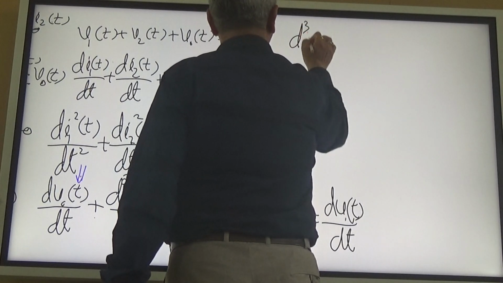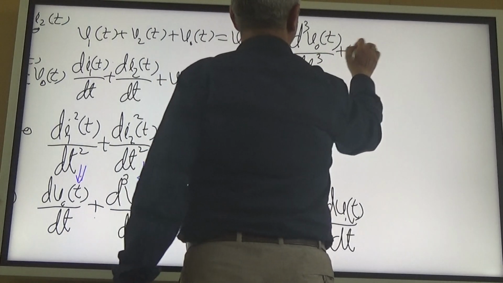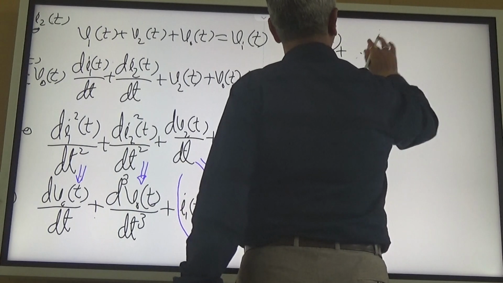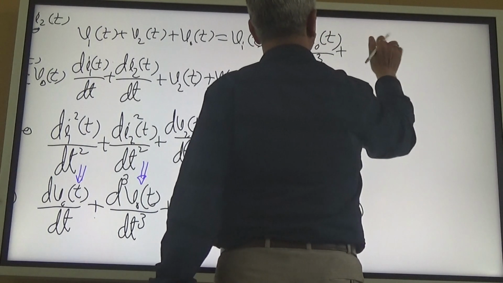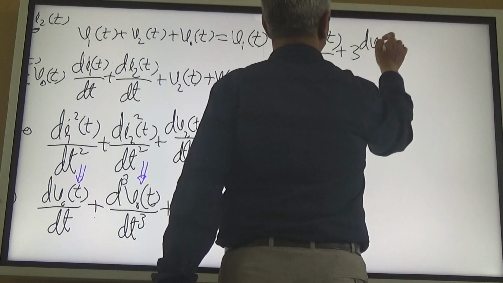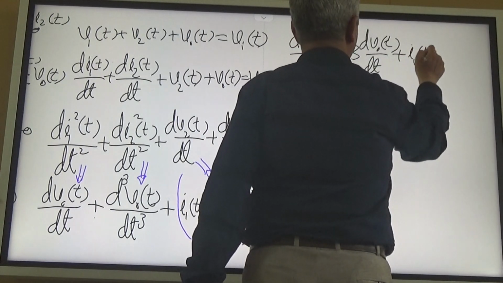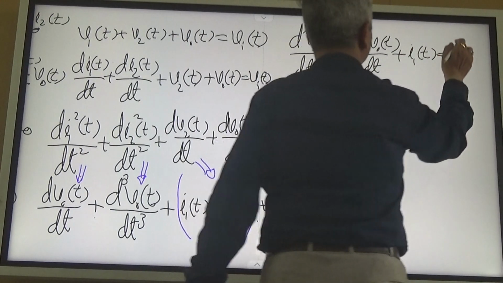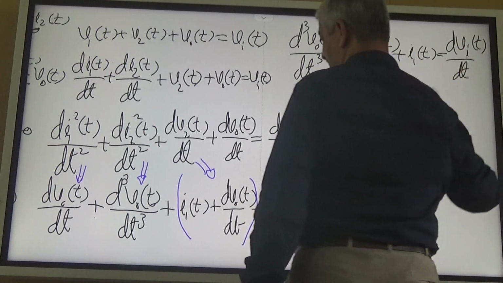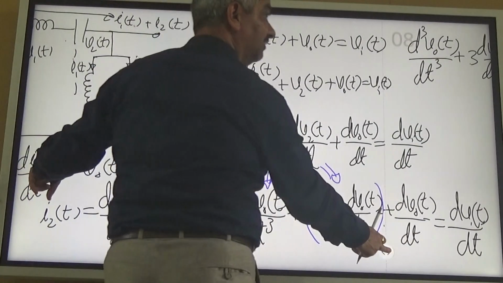So d3V0(t) upon dt cube plus 3 dV0(t) upon dt plus I1(t) is equal to dVin(t) by dt.